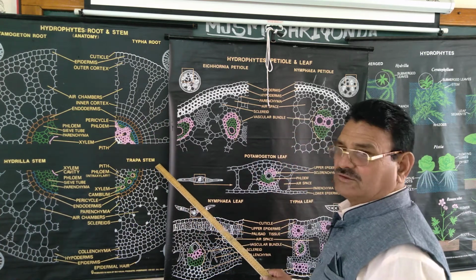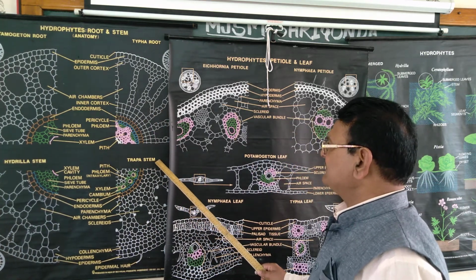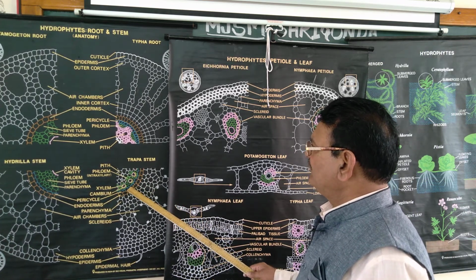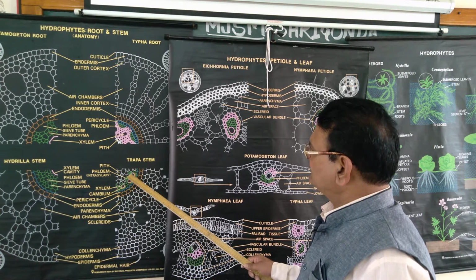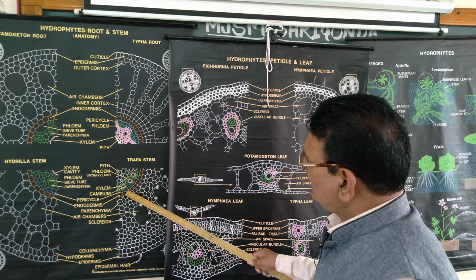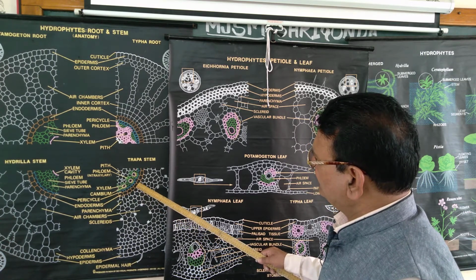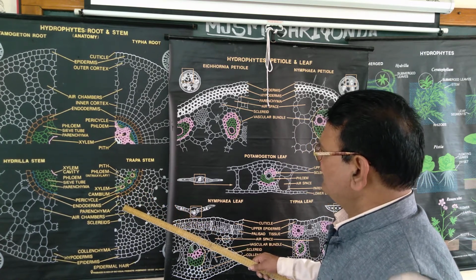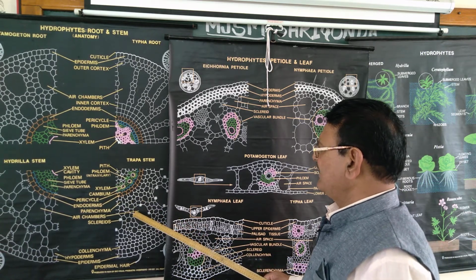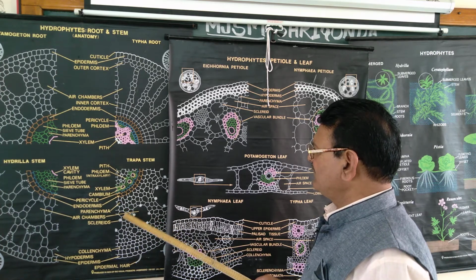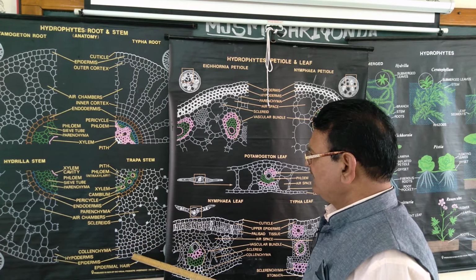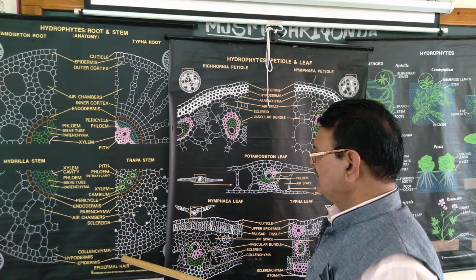Then the second anatomical feature is Typha stem. Typha stem shows epidermis, xylem scattered in the phloem, then pericycle, and a small amount of cambium below the endodermis. Then parenchymatous cells, also called cortex, and air chambers. In the air chambers there are scattered sclerites, then parenchyma, then epidermis.